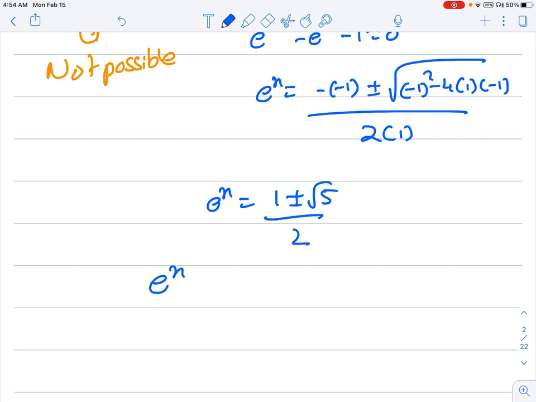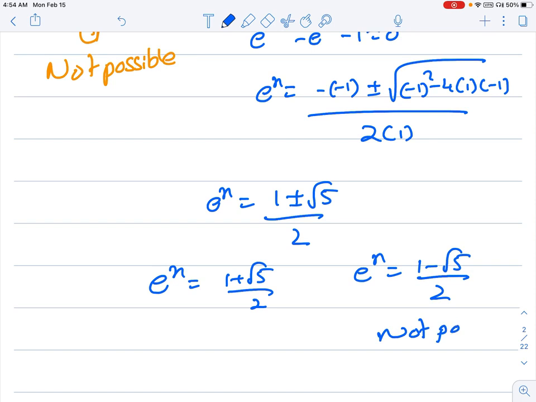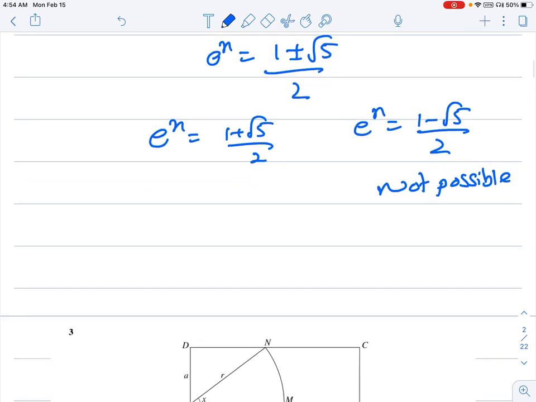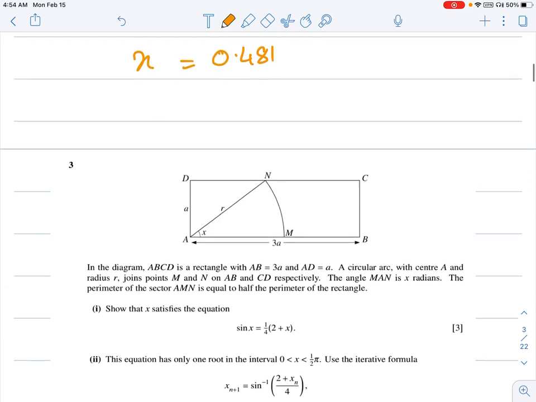The same thing, e to the power x is equal to 1 plus root 5 upon 2, or e to the power x is equal to 1 minus root 5 upon 2. The negative number is not possible because e to the power x is always positive, greater than 0. So I have the other one only. So apply ln on both sides. So x is equal to, when I apply ln on this one, I get, in three significant figures, 0.481.